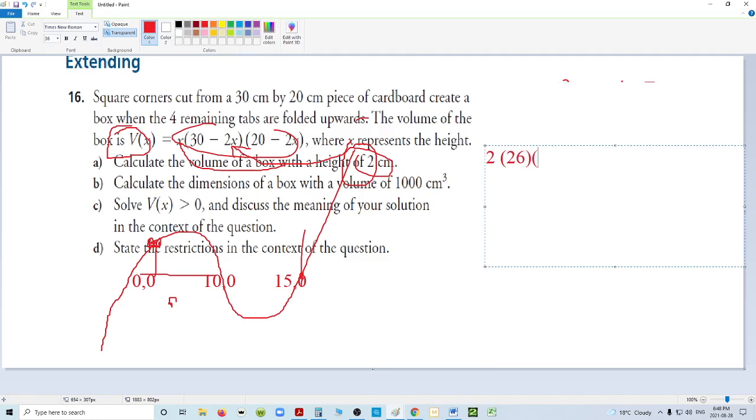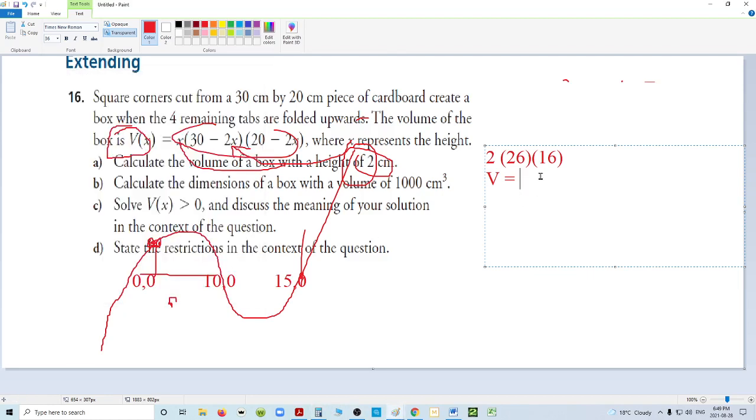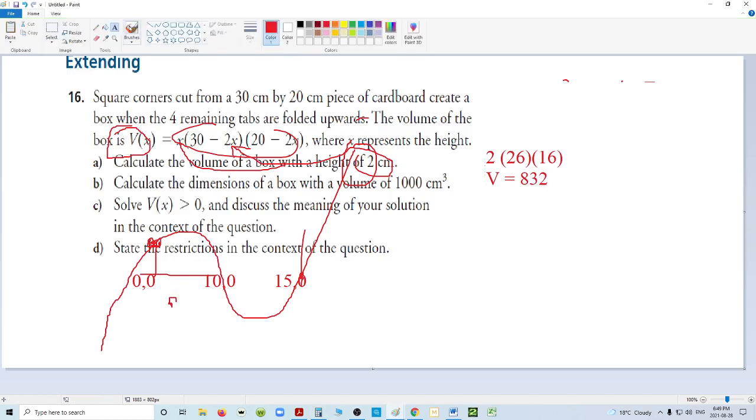What's 20 minus 4? 16. So the volume is going to be equal to 26 times 16 times 2. Volume is going to be 832. So it's actually possible that there's 1,000 volume here. And actually I will say it's both here and over here. There's going to be 2 volumes like that. There's 2 possible volumes of 1,000.